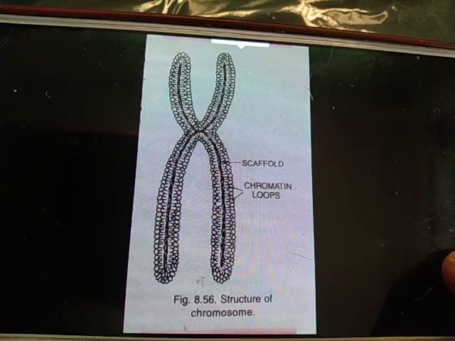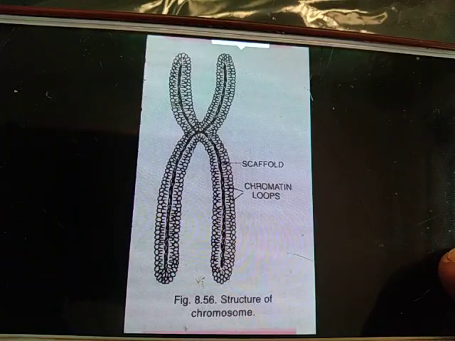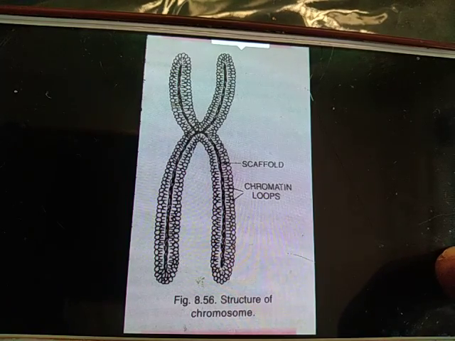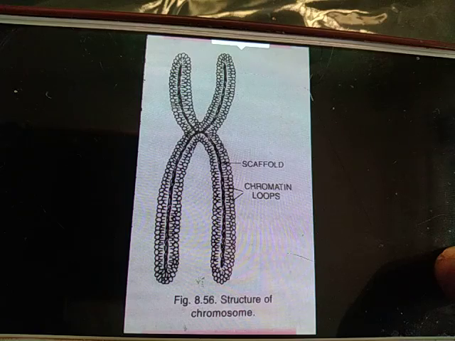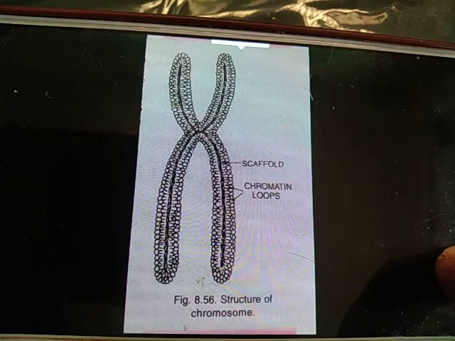There are two chromosome halves or the chromatids. The two chromatids are attached to each other by a narrow area called the centromere or primary constriction. Anaphasic chromosomes do not have the chromatids.